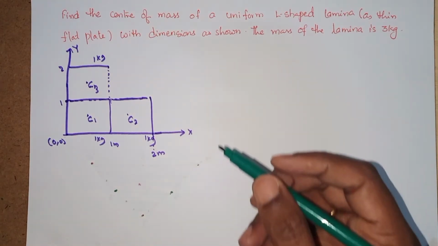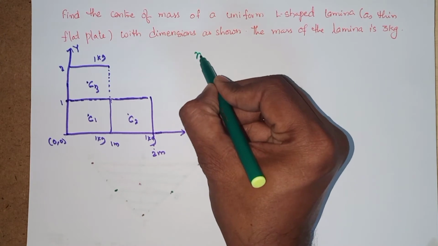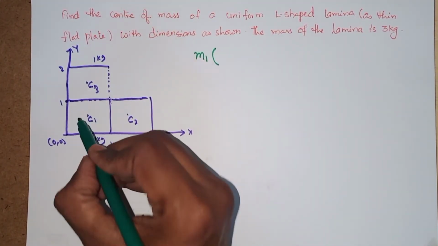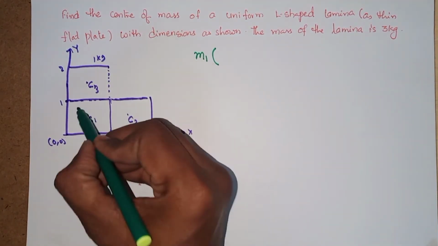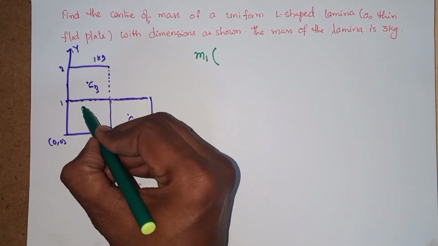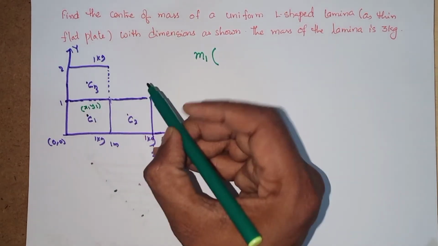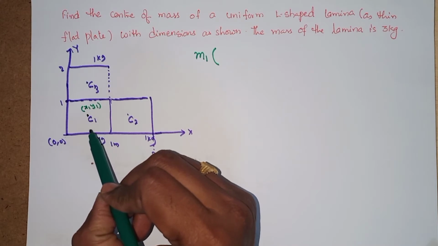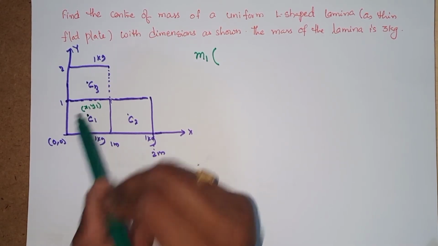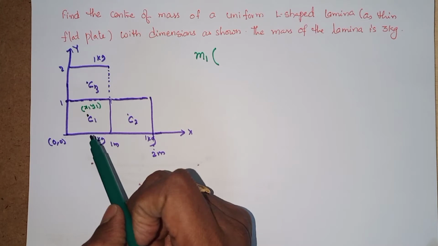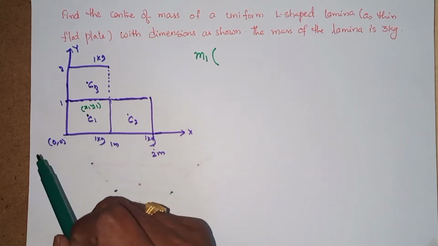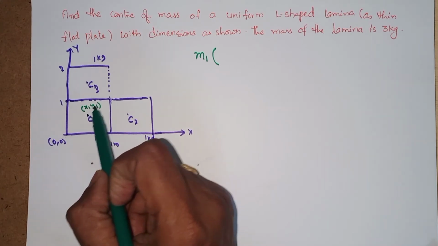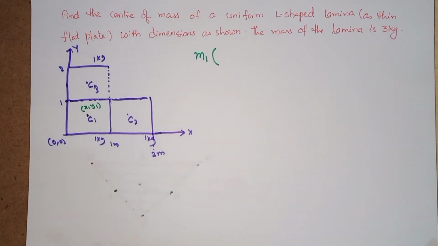First one, M1 is at C1. Locations are X1, Y1, because if a block is considered, the entire mass is said to coincide at this point. So those locations may be treated as a simple mass point where it is concentrated at C1.